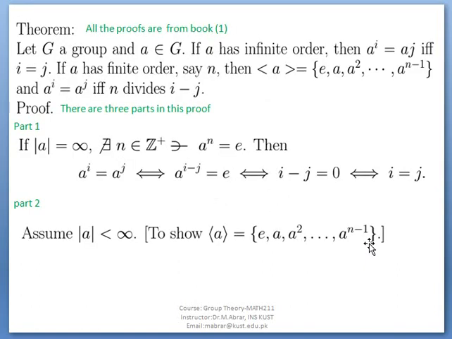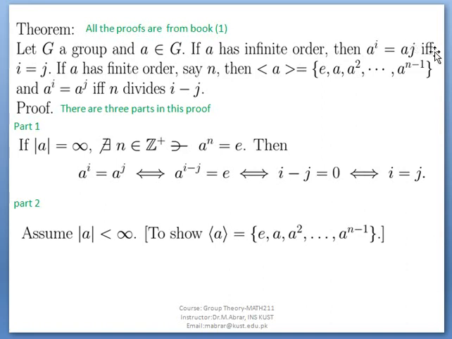Here is another interesting property. There are actually three parts in this theorem. We have a group G, and we take an element a from that group. If a has infinite order, then a raised to i equals a raised to j. It's a typing mistake here: a must be raised to j, so this j should be here in the power.